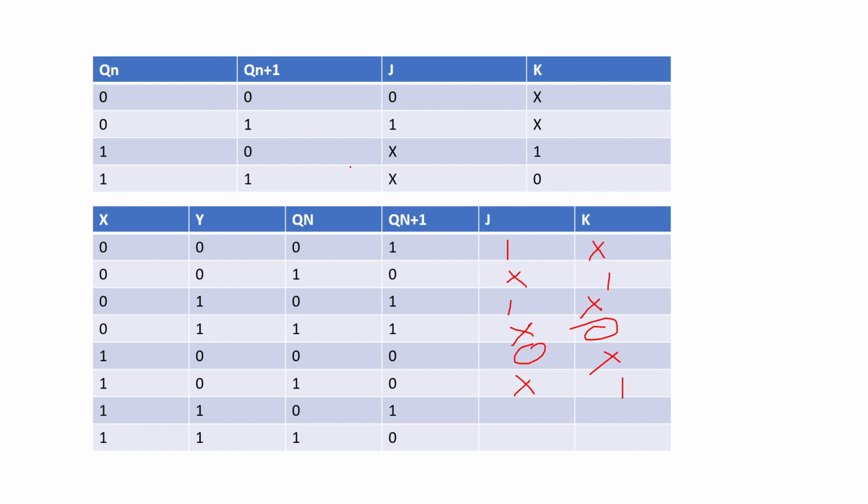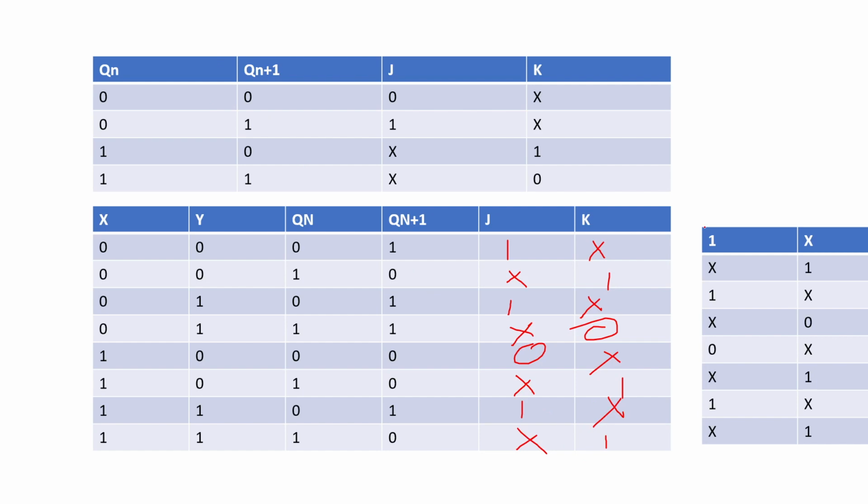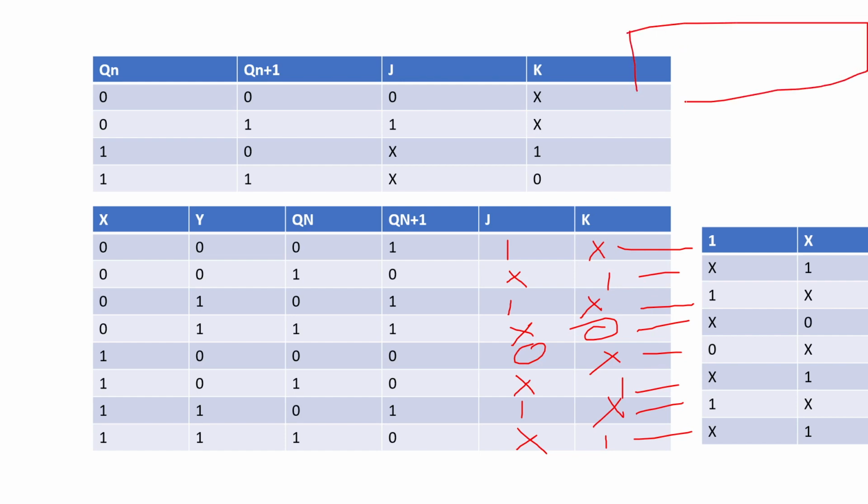When it's 1 to 1, it's x0. So like this, 1x, x1, 1x, x1, 1x, x0, 0x, x1, 1x, x1. So this is my characteristic excitation table. Now we need to write down the equations for this.